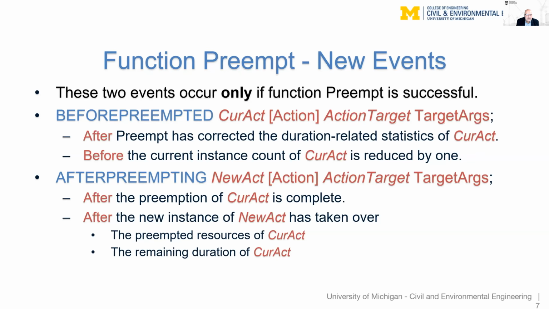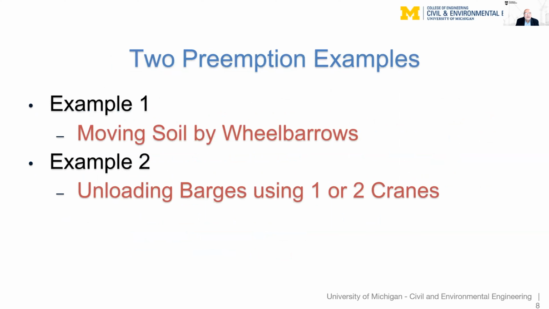And it has particular timing that I'm not going to describe right now. After preempting takes as an argument the new activity that gets created. So, for example, after preempting the new activity, we can change its duration to 0 if we so wanted to do. We're going to go through 2 examples of preemption to see how all of this works within STROBOSCOPE.